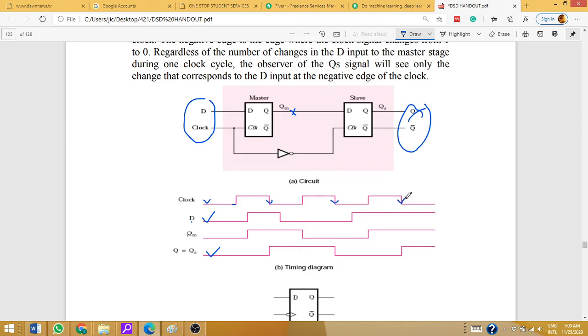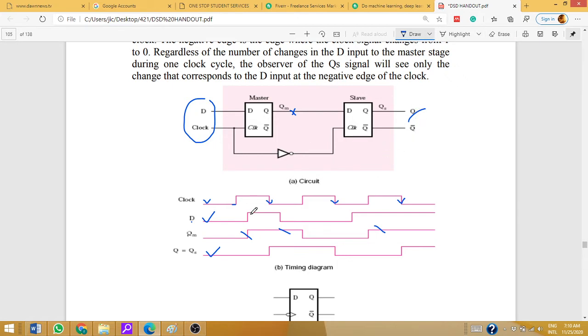We are interested in D and clock as inputs, and Q as output, because we know Q bar is simply inverted.